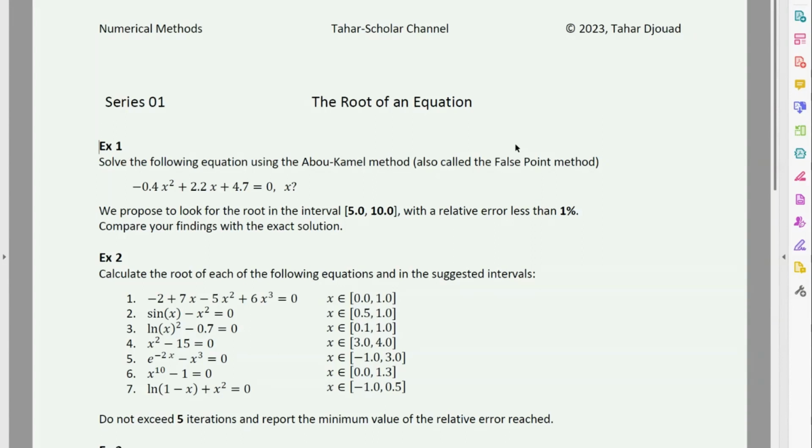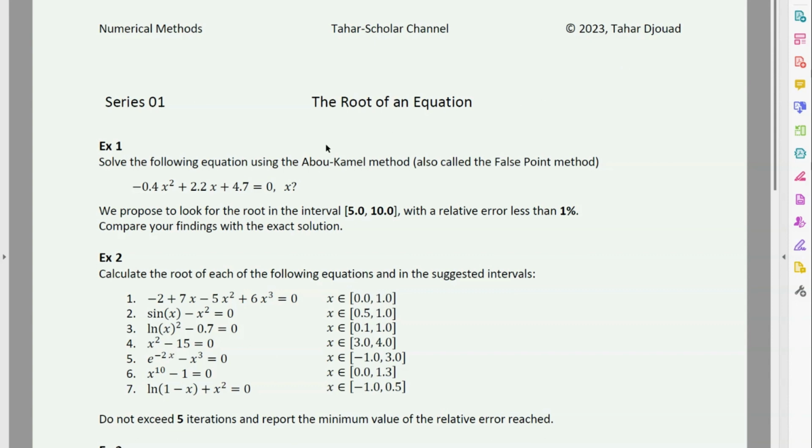So this is our first series, number 1. Each chapter has a series of exercises. This is chapter 1, the root of an equation, the module numerical method, the channel Tahar Scholar, and the copyright of Tarjumat.